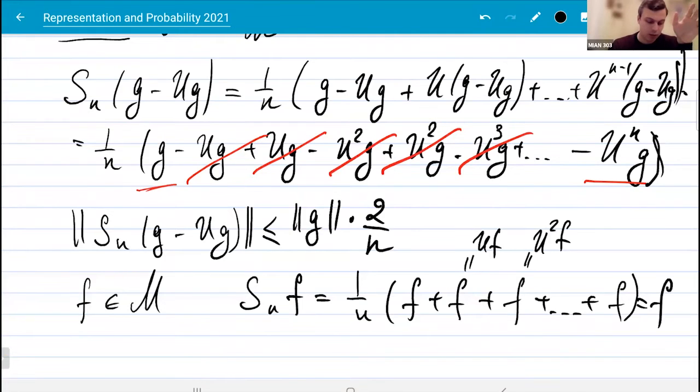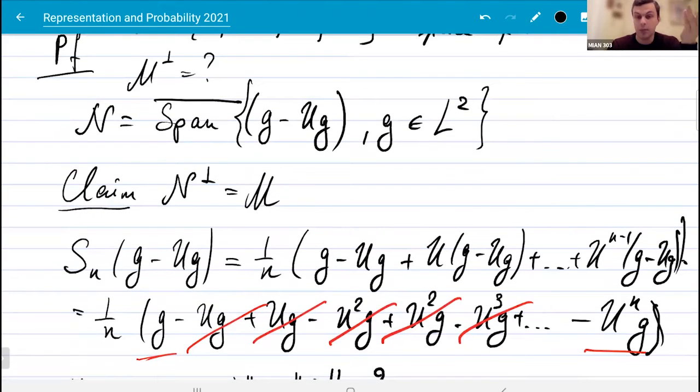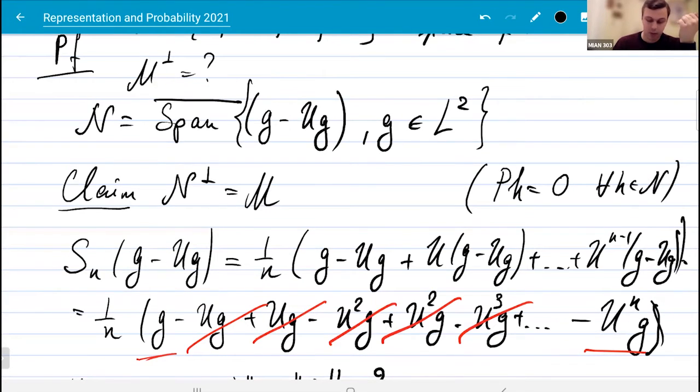So assume that we have proven this claim, and then, from this claim, it is clear that for any element of N, Ph equals 0, because P is the orthogonal projection onto M, and therefore all the complement maps into 0.